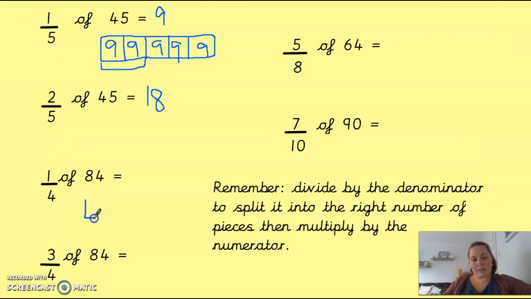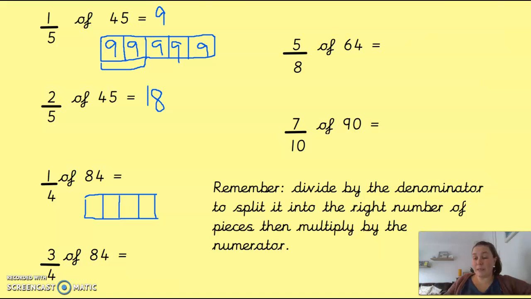Now, 1/4 of 84. So if I did a little bar model to help me, I would split it into 4 pieces. Now, I might not be able to, that's a really bad job of splitting into equal pieces. So let's get rid of that at the end.